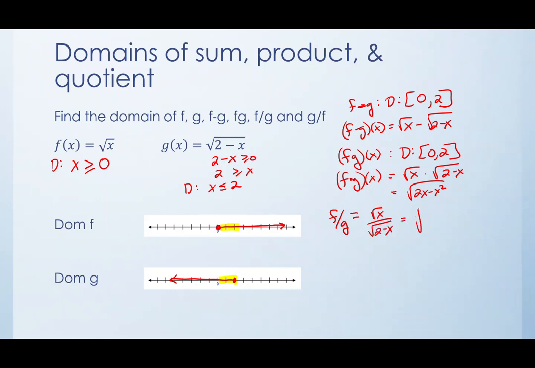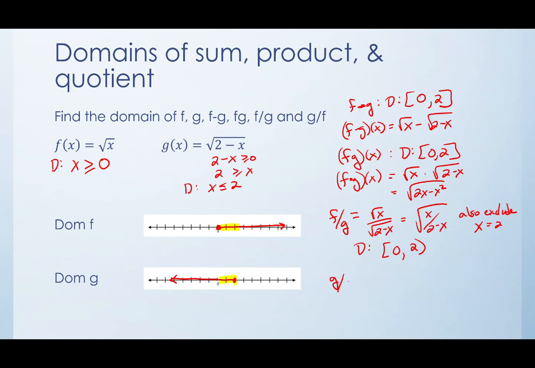And we can rewrite that if we want to as square root of x over 2 minus x. So we need to also exclude the point x equals 2, because that's going to cause a divide by 0 error, right? So our domain, we're going to go from 0. 0 is fine to plug in, but 2 is not.